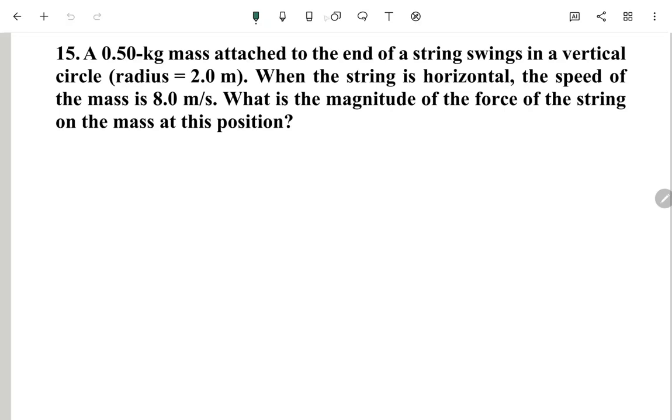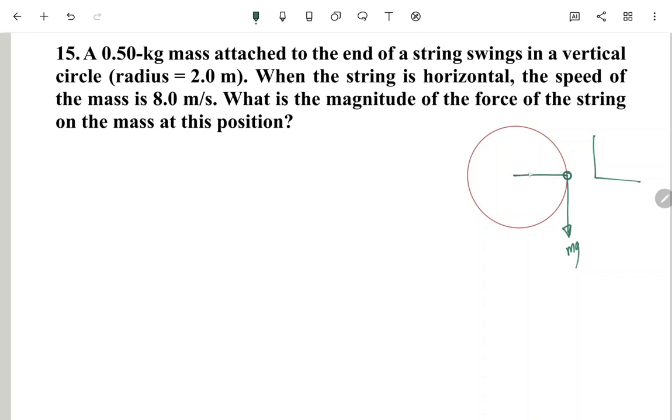Again, let's have the circular path like in this one here, and the string in horizontal position like in this one here, and here's the object. In this case here, we have the weight, it's this way here, and no other components because this is x and this is y.